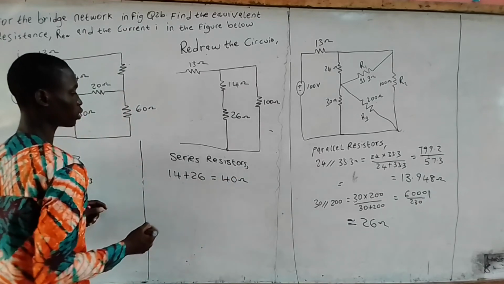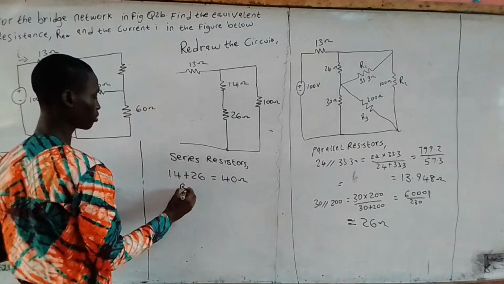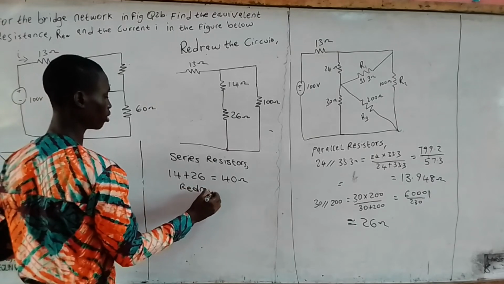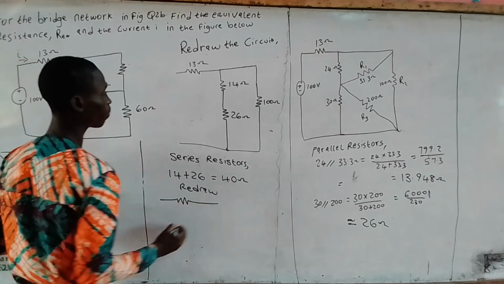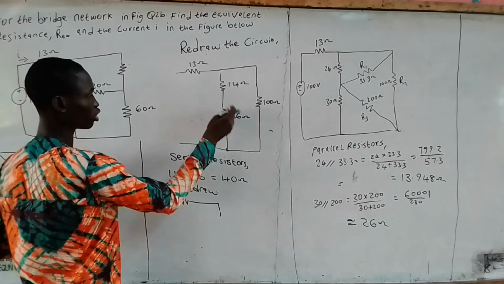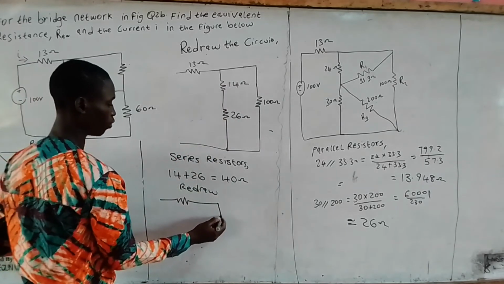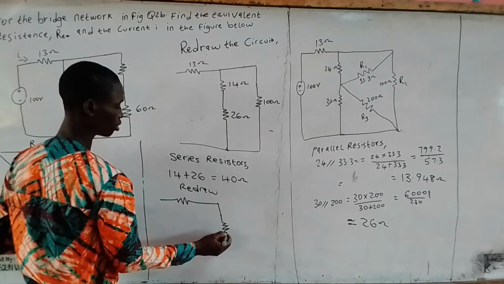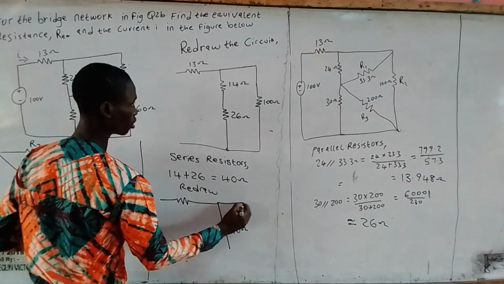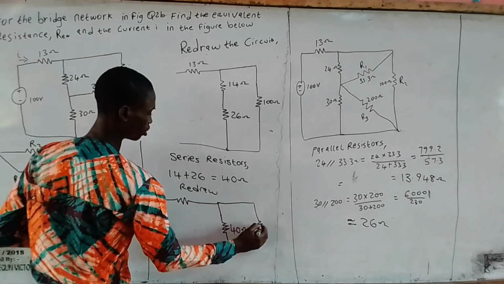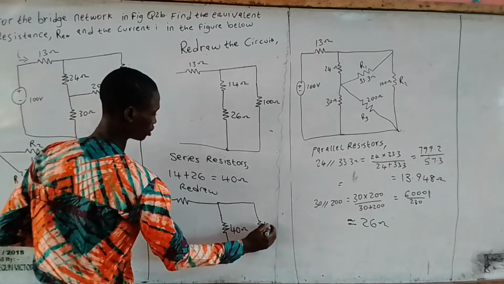Okay? So I'll redraw the circuit again. And we have exactly this. Then only one resistance, because these two are joined together. So I only have one. Let's call this 40 ohms. And this will be 100 ohms.